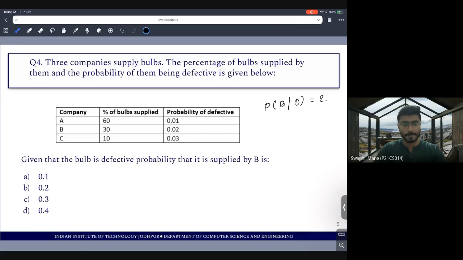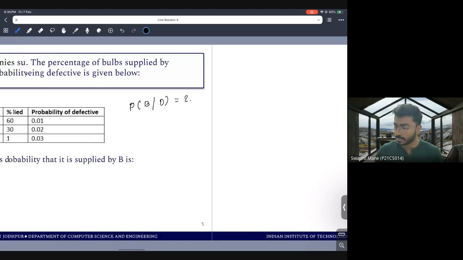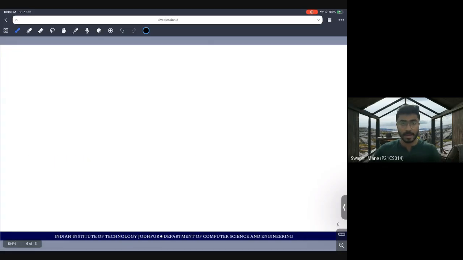Okay, let's see which answer is correct, point two or point four, as given by students. Given that the bulb is defective, we need to calculate the probability that it is supplied by B. Let's write it here. Maybe you have noted down the table information.